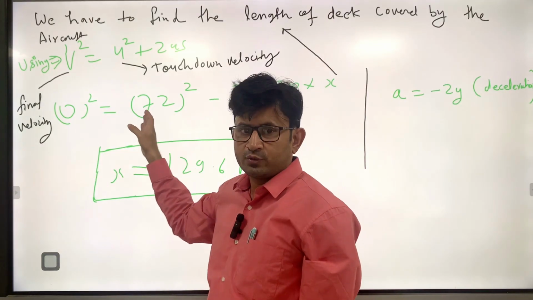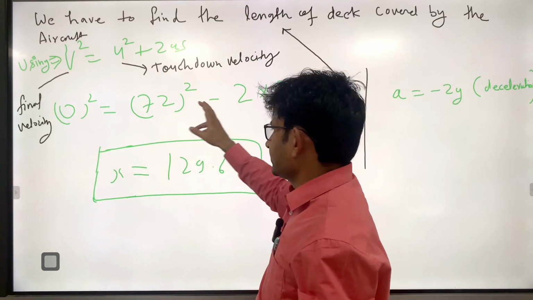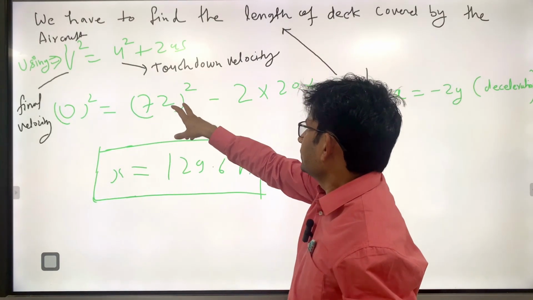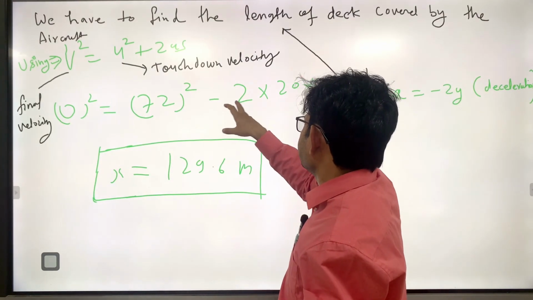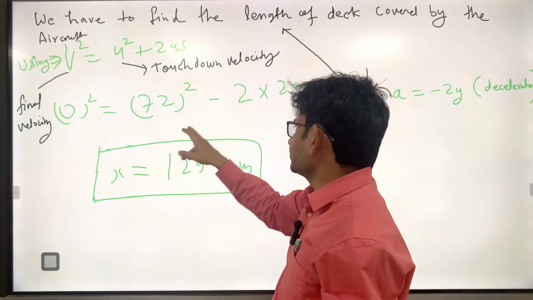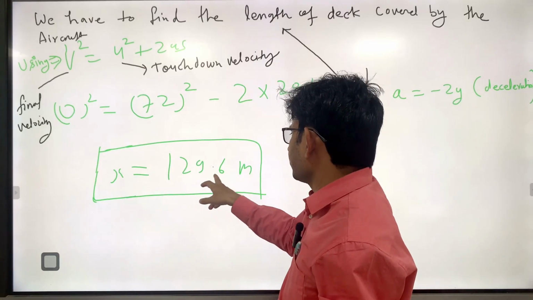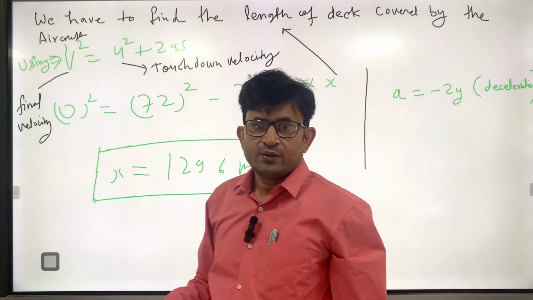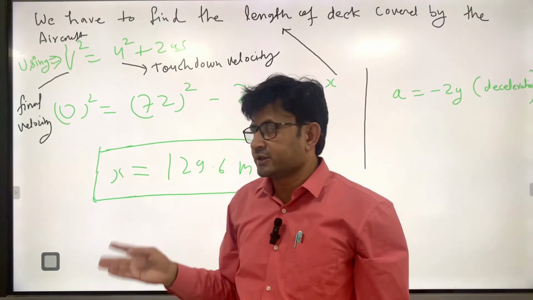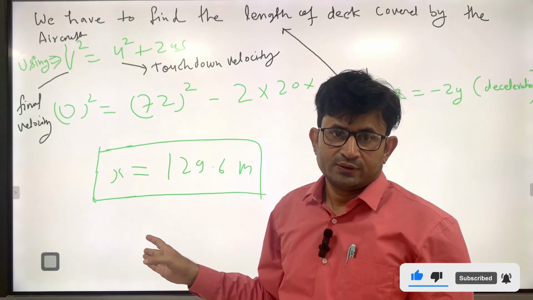So let's say 72 is a touchdown speed, so 72 square minus, this is a realistic speed, and minus acceleration is 2g, so minus 2g, because deceleration is there, right, that is why you have put the minus sign. So s is coming 129.6, so you can see from 1.5 or 2 kilometer, the distance is reduced to 129.6 meter only.